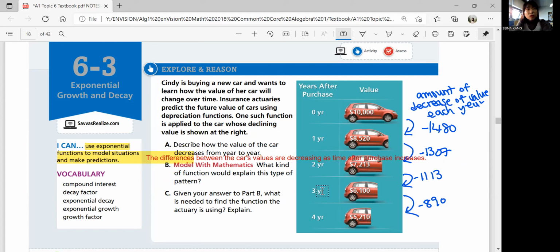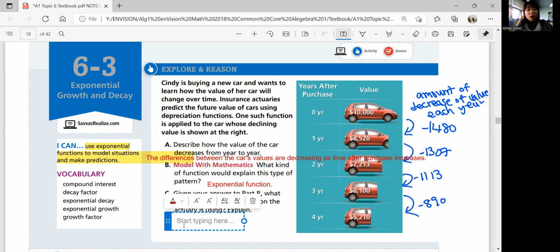Okay, so what kind of function would explain this type of pattern? Is it a linear function or an exponential function? It is an exponential function. Given your answer to part B, what is needed to find a function the actuary is using? What did we learn about exponential functions last time?